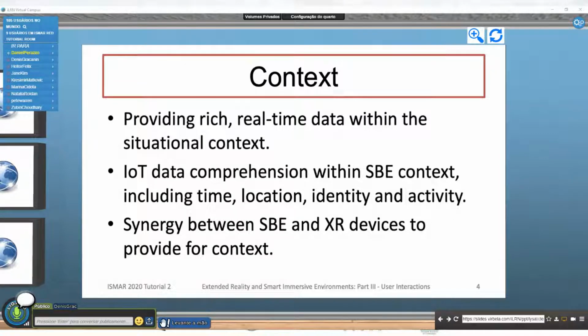So therefore, with that comprehension of IoT data, we can then try to build synergy between smart built environments and extended reality devices to build and provide for that context.